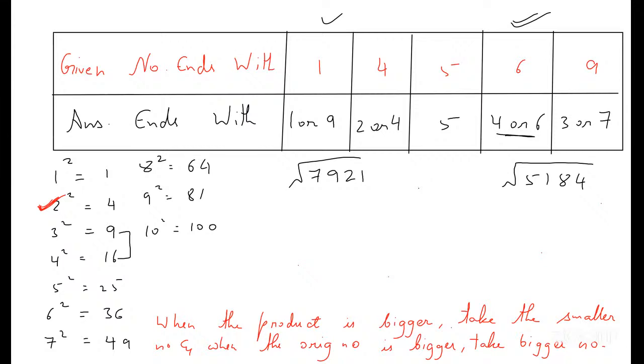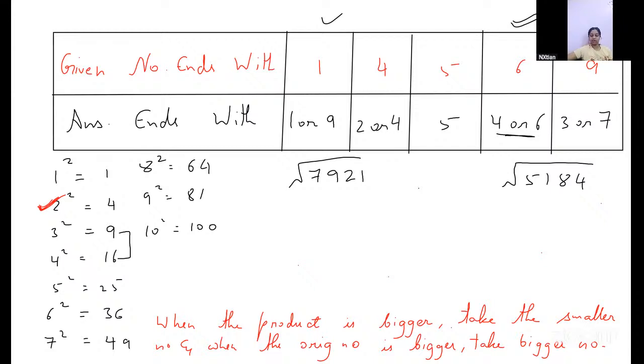Ma'am, is the answer 74? Which one, Anaya? First one or the second one? Is it 72? 72. Okay. The answer is going to be 72, or the second one, right? How will it be 72, ma'am? Won't it be 74?